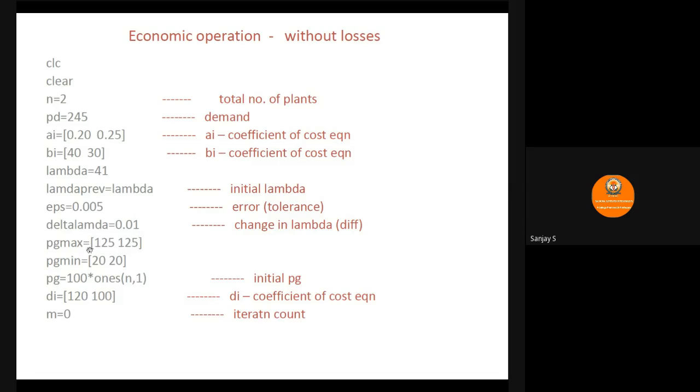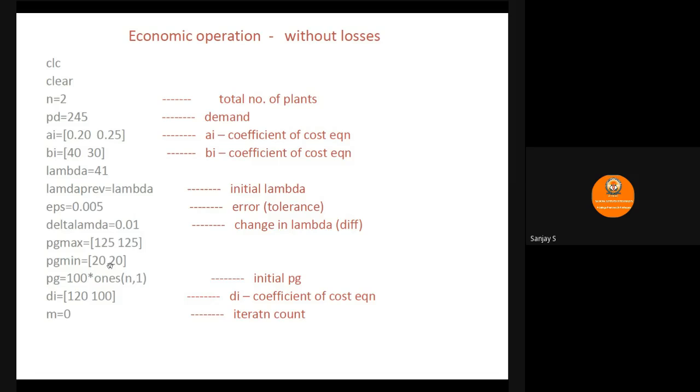Pg max is equal to 125, 125, for both plants 1 and 2, maximum power is 125 and 125. Pg minimum is 20, 20 for both plants 1 and 2. The minimum power that can be generated is 20 and 20 megawatt respectively.